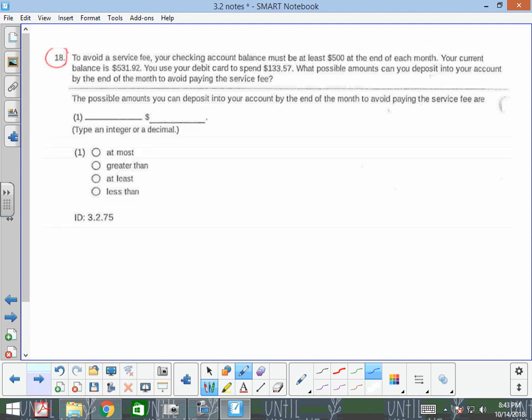All right, and last one. To avoid a service fee, your checking account balance must be at least, okay, greater than or equal to 500 at the end of each month. Your current balance is $531.92.